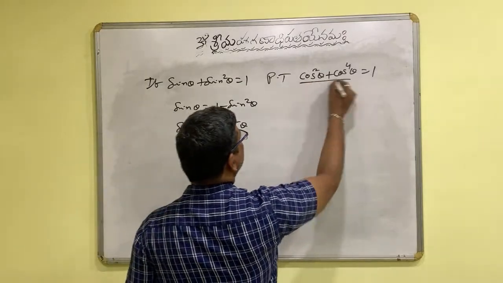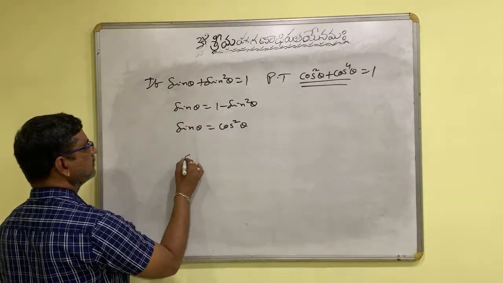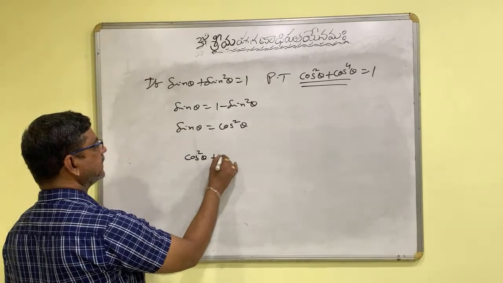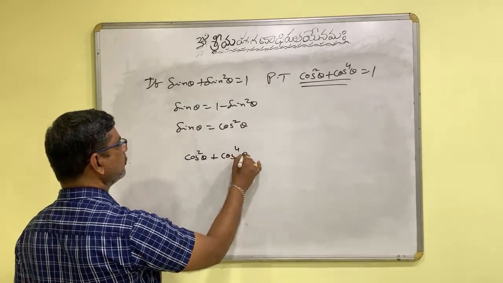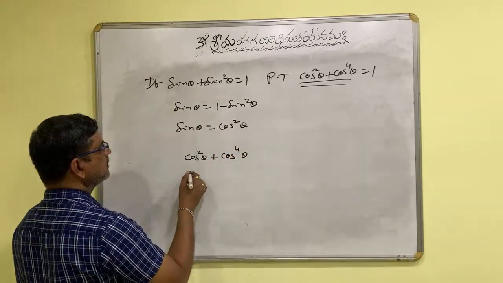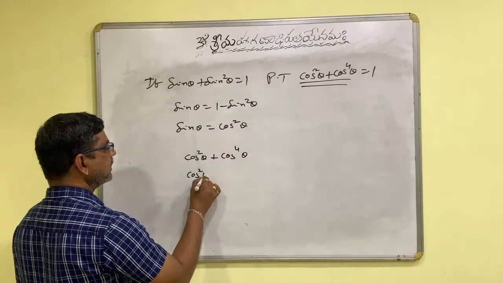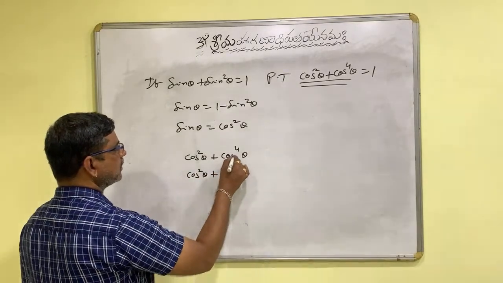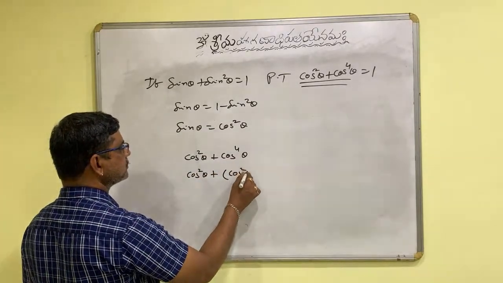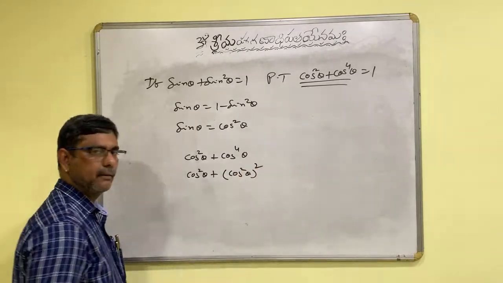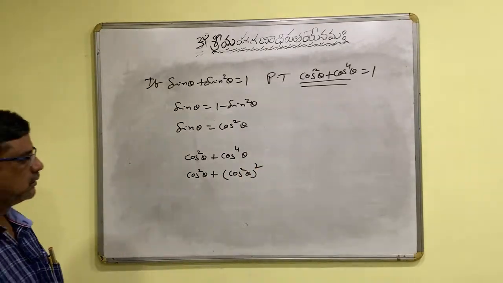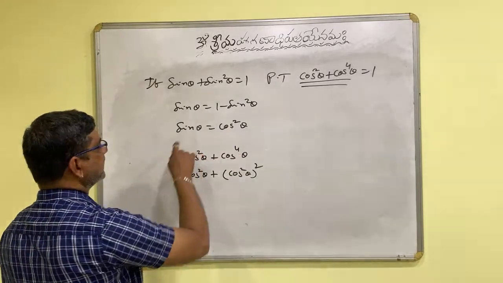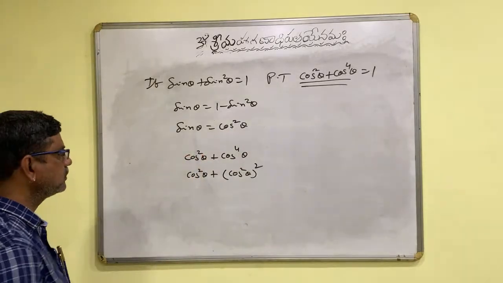Now consider this one, cos square theta plus cos power 4 theta. You write it as cos square theta plus cos square theta whole square. Now we know cos square theta is sin theta. Substitute.